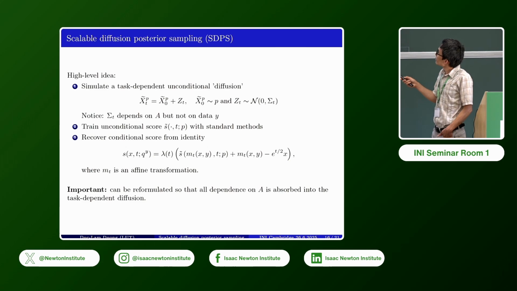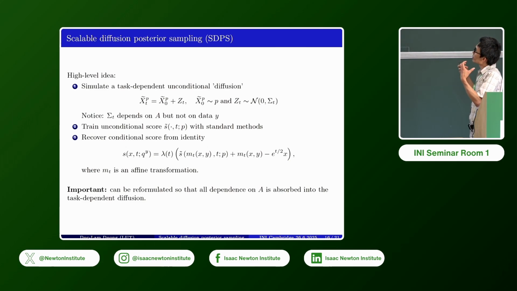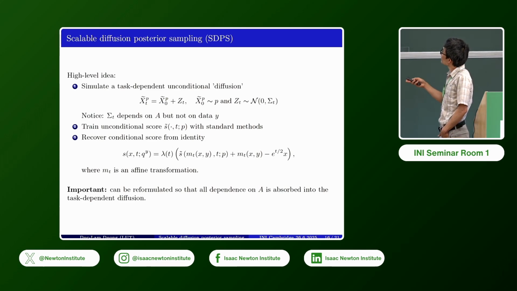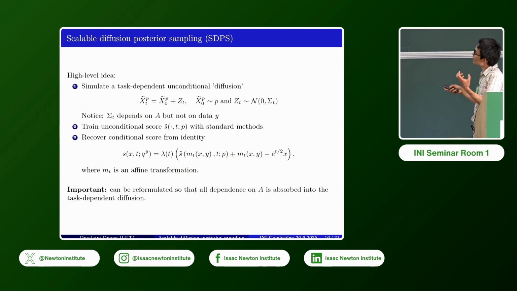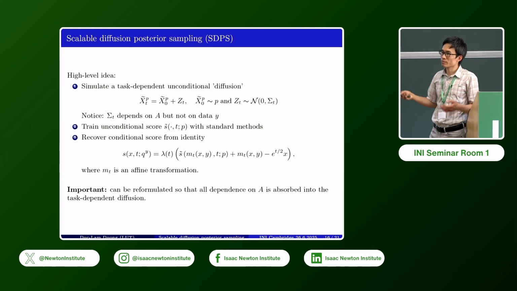The high-level idea is that we simulate a task-dependent unconditional diffusion, X_t tilde, given in this form, and then we train the unconditional score S tilde with your favorite method.